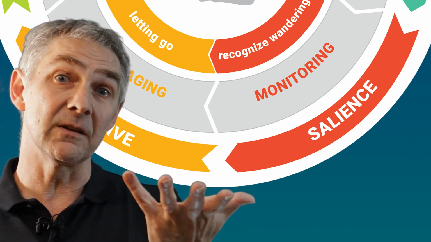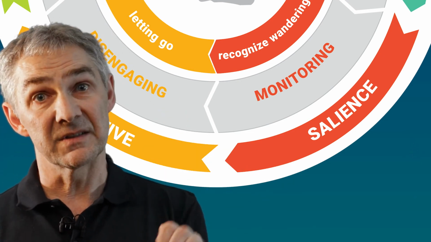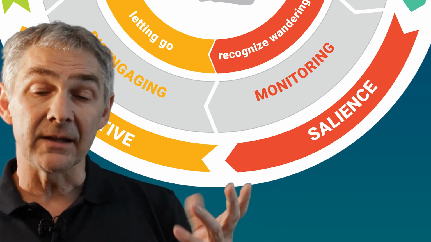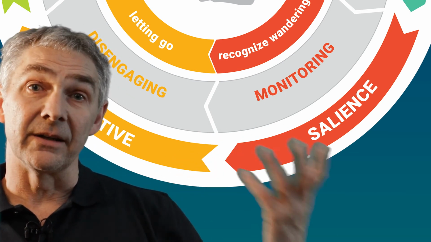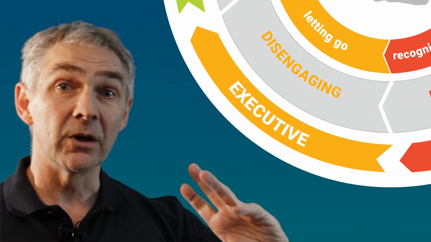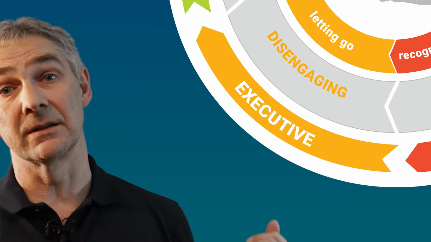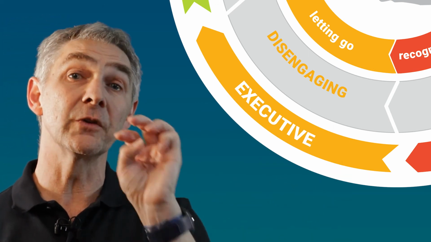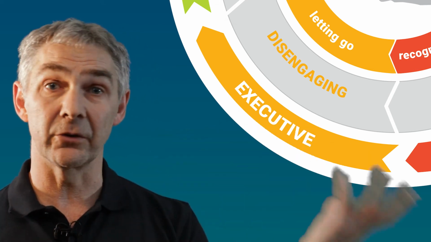So in the moment this is detected, the salience network is active, and then as the next step, the executive control network initiates the disengagement of the attentional focus from the distracting thoughts or other objects.